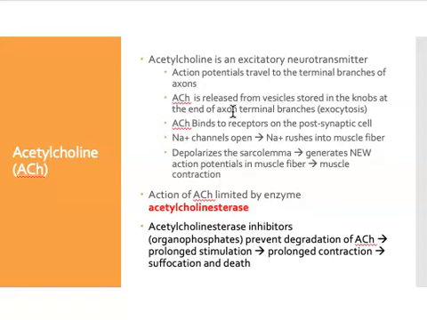They do it through a process that we see in lots of cells, a process called exocytosis. Exo means out. So something's being released out in exocytosis, and that something is acetylcholine.